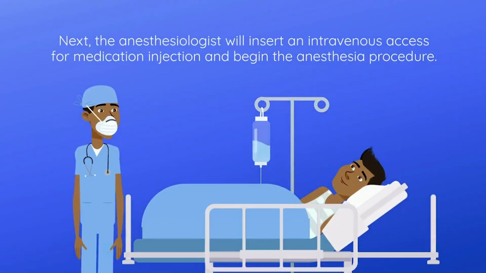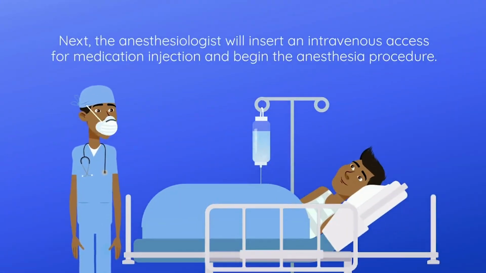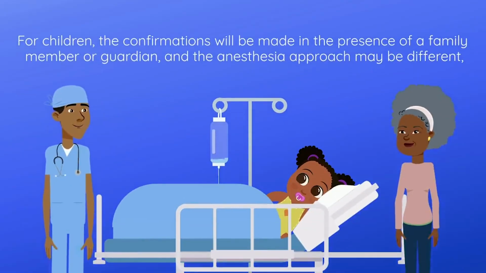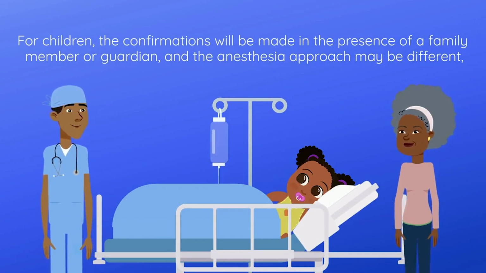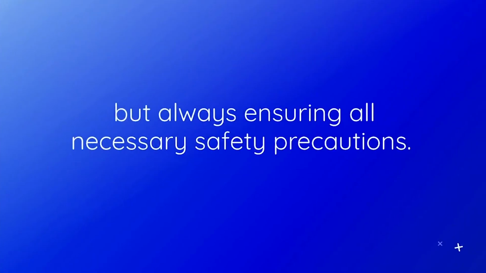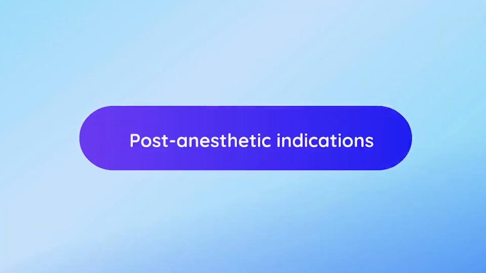Next, the anesthesiologist will insert an intravenous access for medication injection and begin the anesthesia procedure. For children, the confirmations will be made in the presence of a family member or guardian, and the anesthesia approach may be different, but always ensuring all necessary safety precautions.